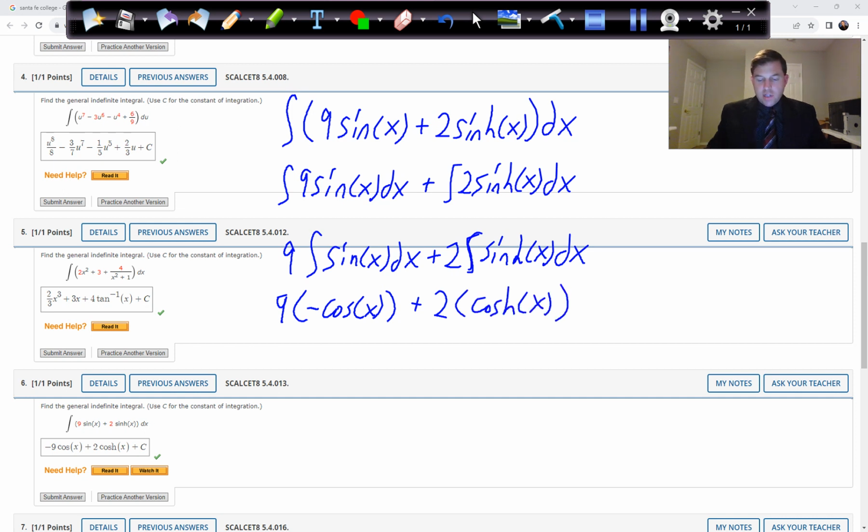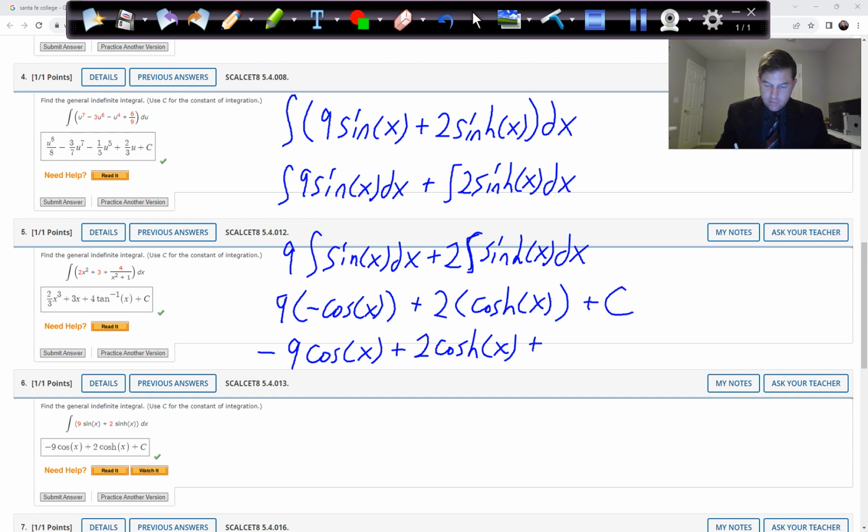So it's interesting, in hyperbolic sine and cosine you don't pick up this negative like you do with regular sine and cosine. So we just have to distribute this negative. It's minus 9 cosine of x plus 2 hyperbolic cosine of x, and I should have written plus capital C there, and that would be the answer for problem 6.